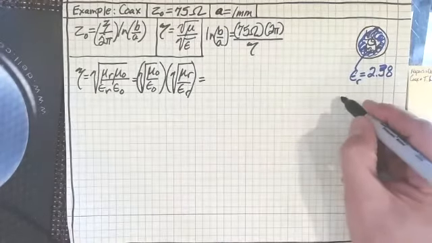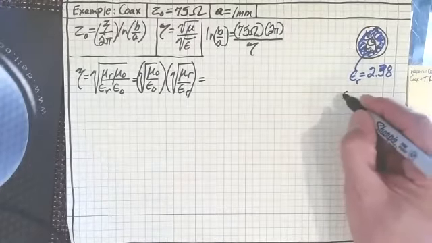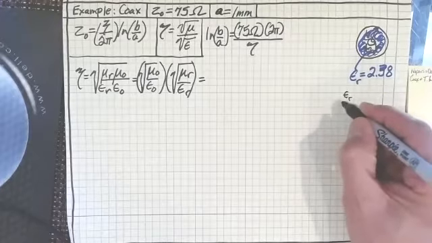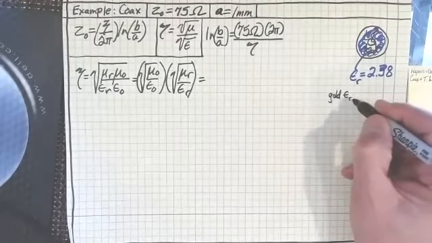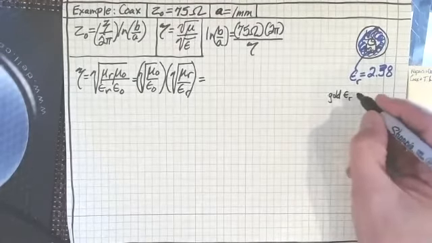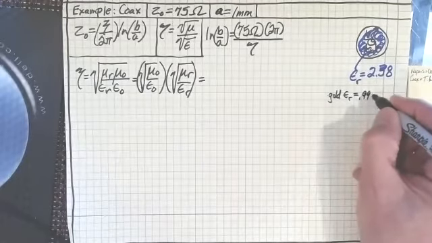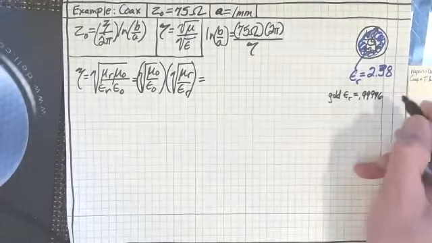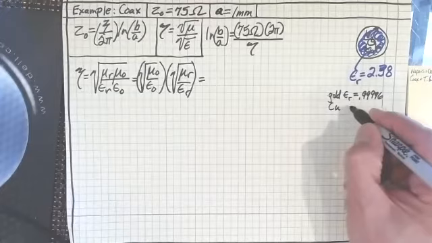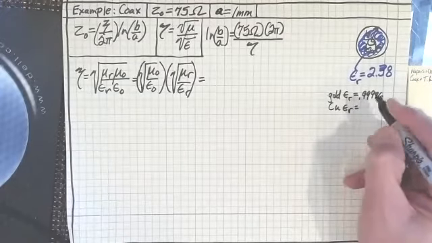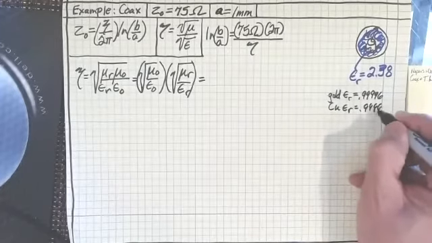Now, I want to point that out for several different types of materials. I'll do it over here. So for gold, epsilon sub r for gold is 0.99996. For copper, epsilon sub r is 0.99999.